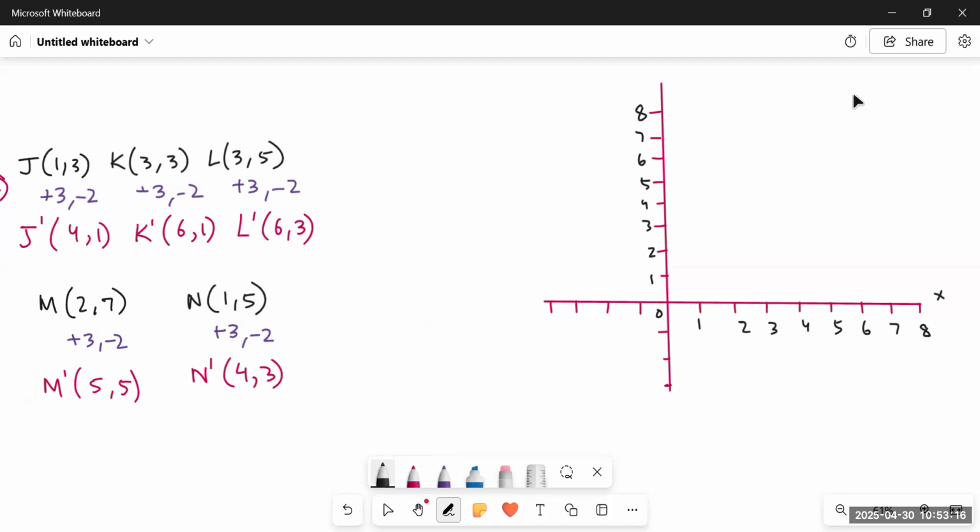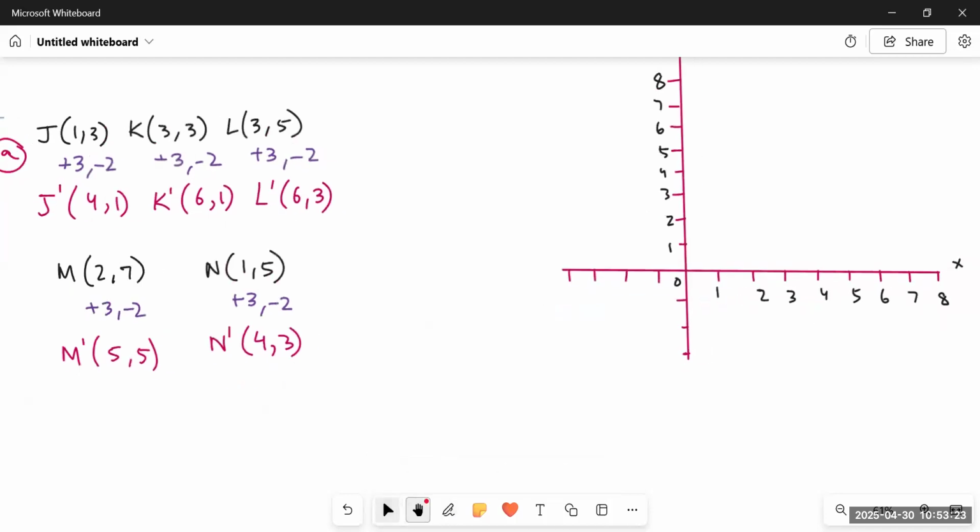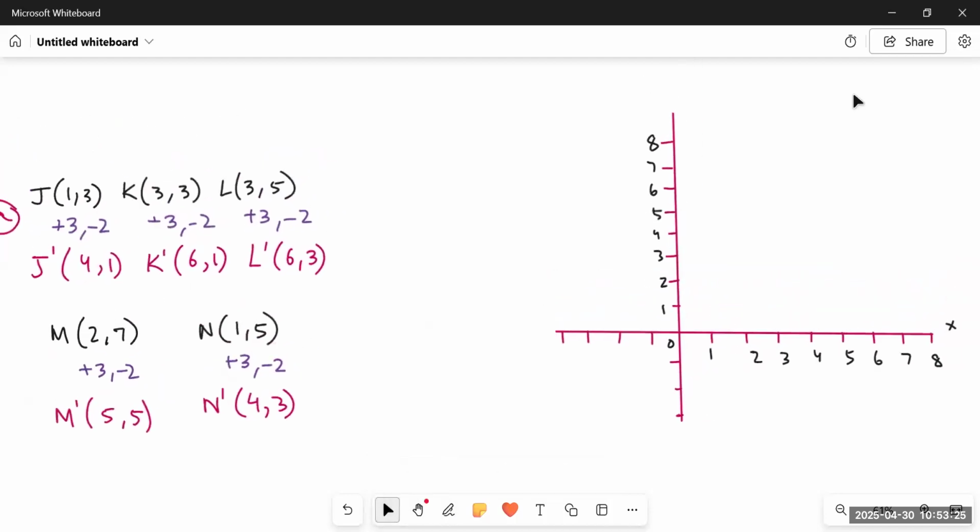Now what are they saying in part 2? They're saying draw the pentagon JKLMN. Since the coordinates are already given, we can easily draw it on this grid. J is (1, 3), which is over here. K is (3, 3), so it would be over here. Then L is (3, 5). Then M is (2, 7), which would be right here.